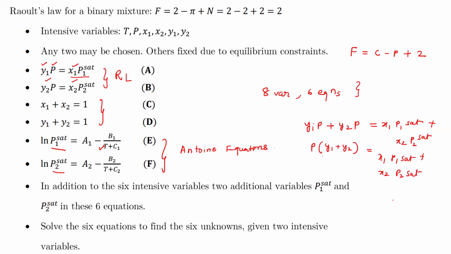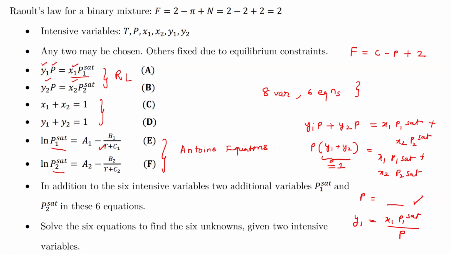Now I know all these variables, so I have found P is equal to something. Now I can find Y1 is equal to X1 P1 sat by P. I know all these variables. So this is very simple when you know temperature already.